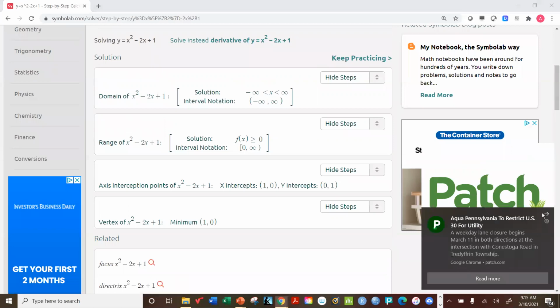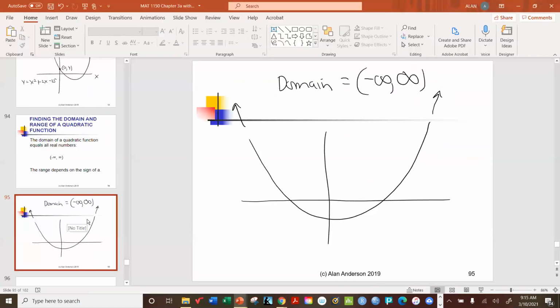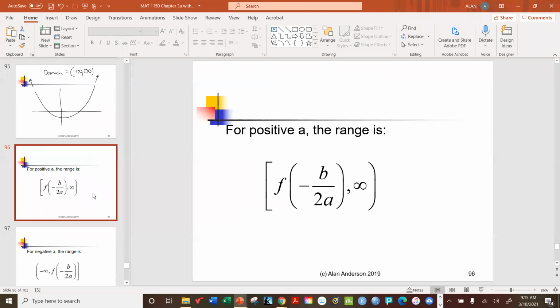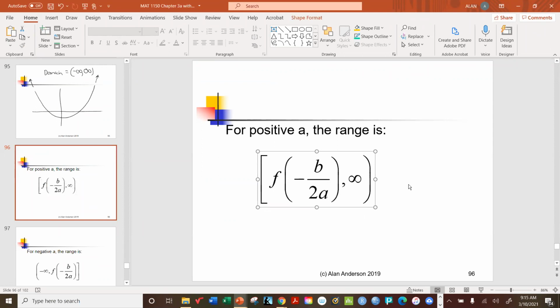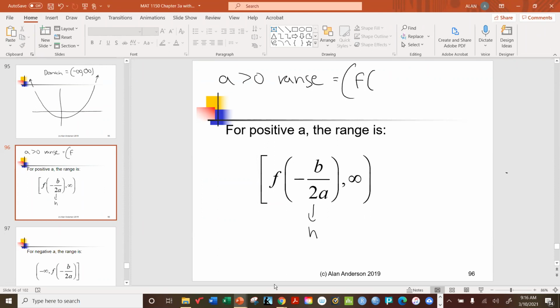But anyway, let's go back and look at how this works for calculating the range. The range depends on the sign of A, okay? And if you notice, this should look very familiar. This is H. Okay, so in other words, if A is positive, the range of this function, which means the values of Y, is the interval from f of H up to infinity.